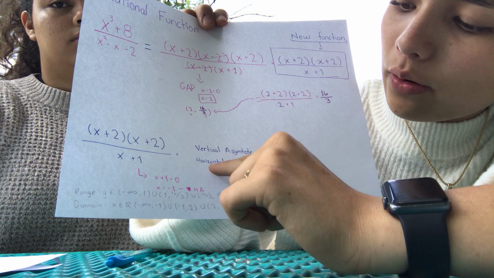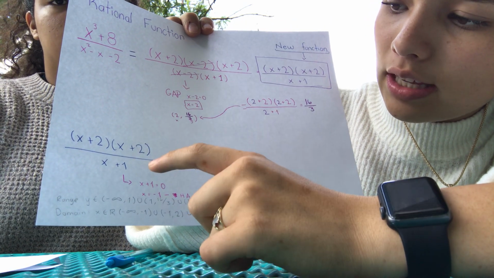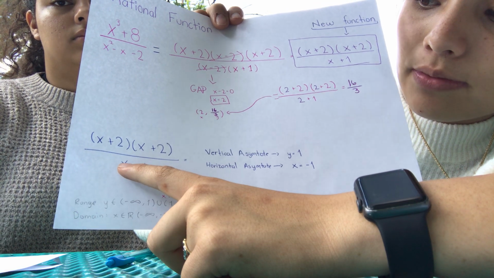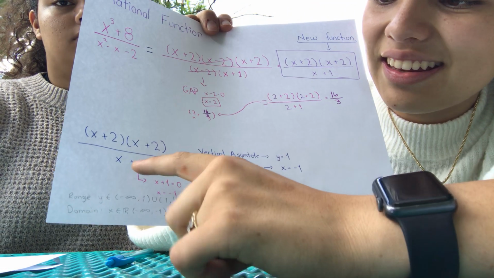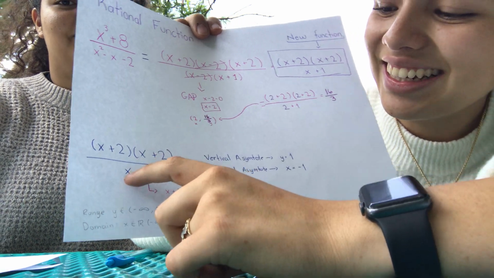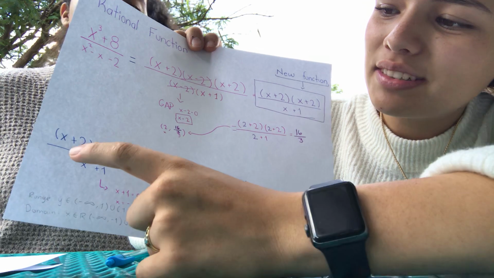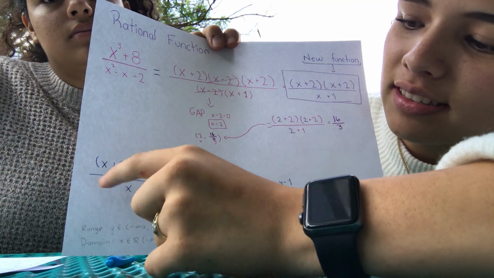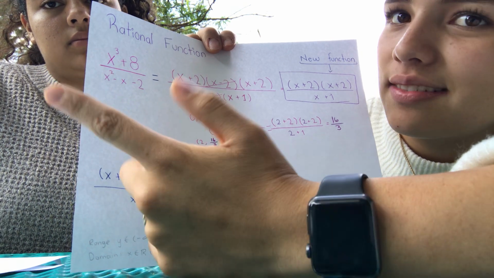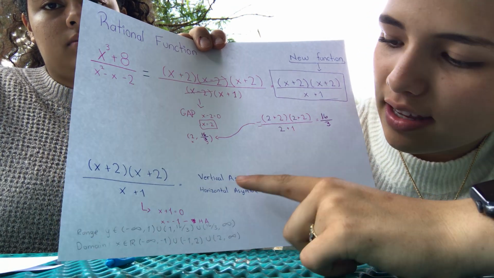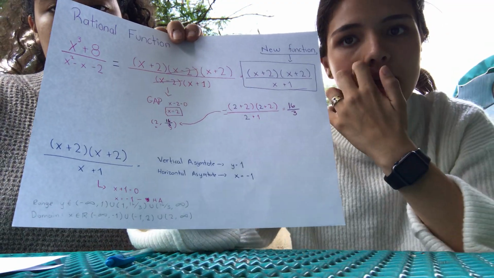For the horizontal asymptote, we took the value of x, and the value of x is 1 on the horizontal asymptote. And in the vertical asymptote, we divided 1 over 1, which is 1, so that's why the vertical asymptote is y equal to 1.